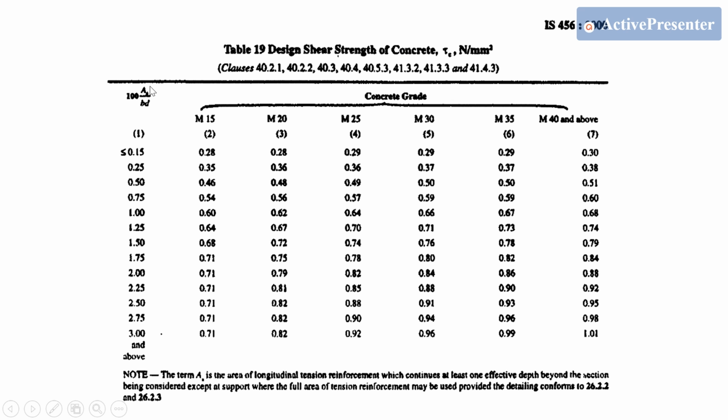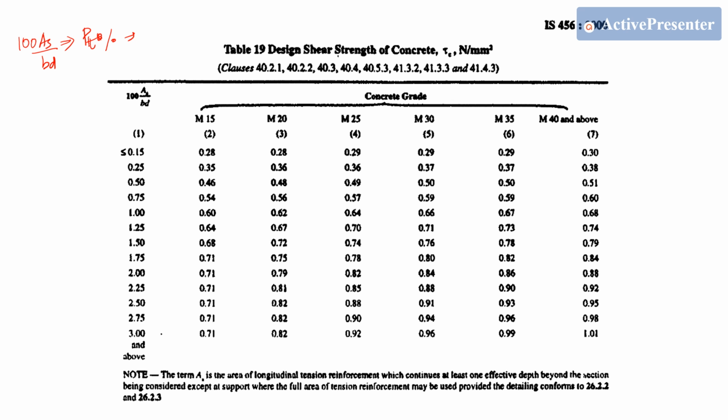So you can see here, this is 100 AS by BD. I'll denote it as PT, that is your percentage of tension reinforcement.